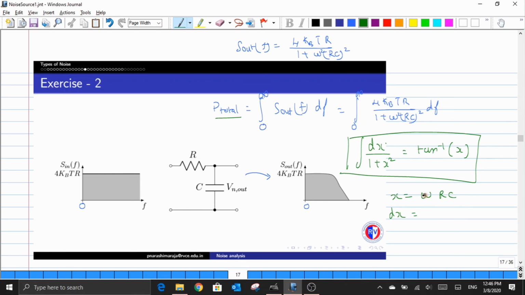we have to have a differentiation of this particular quantity. So I'll just expand this omega as 2 pi f times RC. Now when we try to differentiate with respect to the frequency, then we would end up having something like 2 pi RC into df. So because of this dx quantity, one could multiply this term by 2 pi RC divided by 2 pi RC.